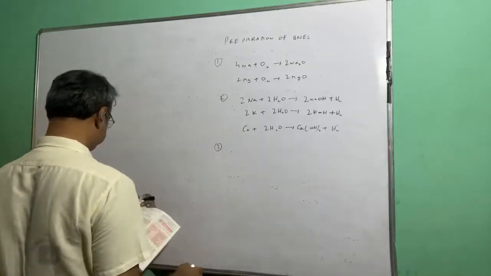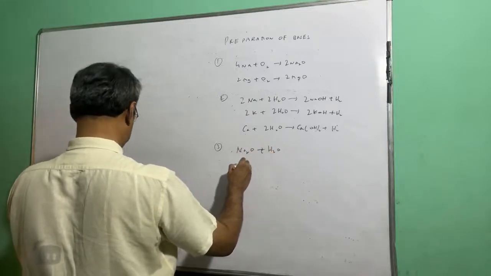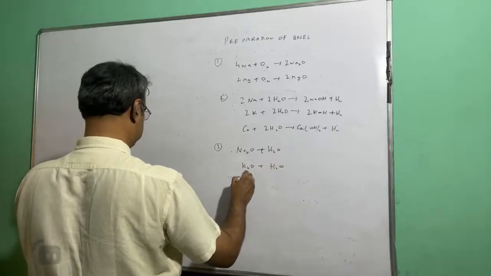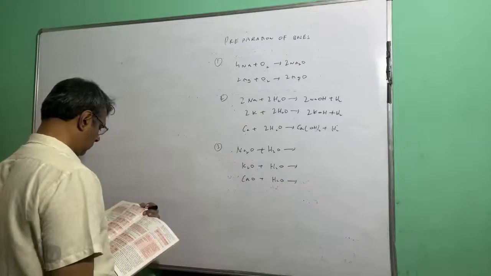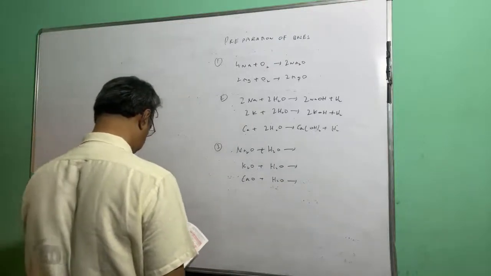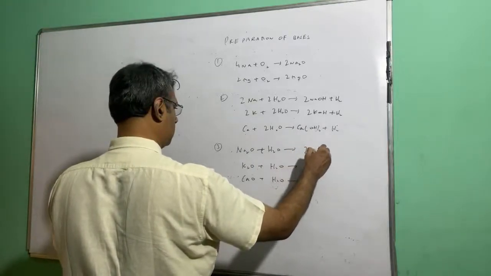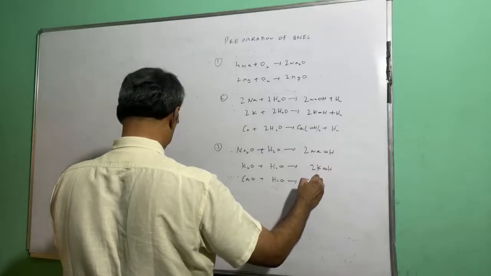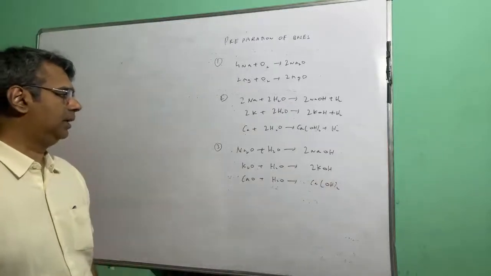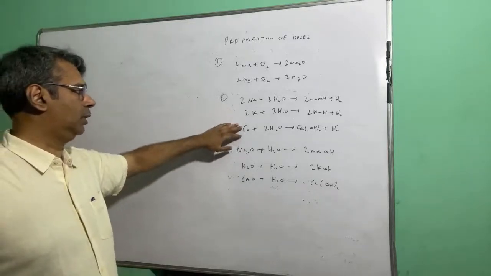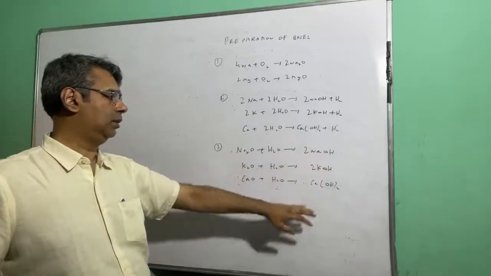The third method is... so the second and third methods have some similarity. If you treat an active metal like sodium, potassium, calcium with water, you will get the base NaOH, KOH, Ca(OH)2. If you treat metal oxide with water, you will get the base NaOH, KOH and Ca(OH)2.